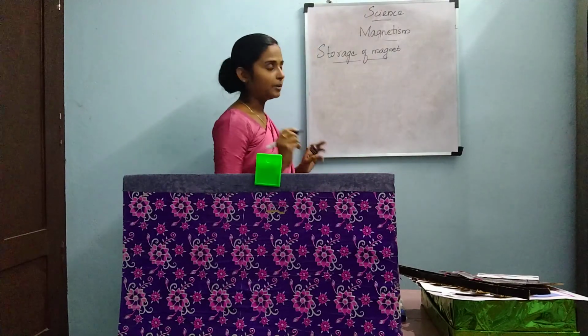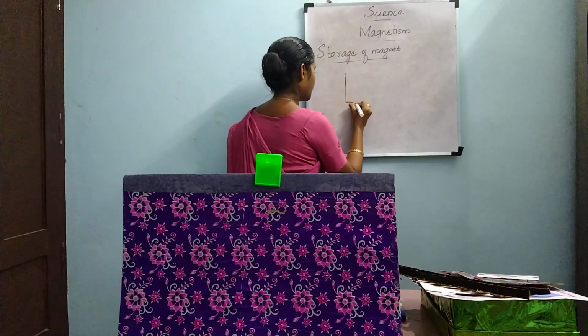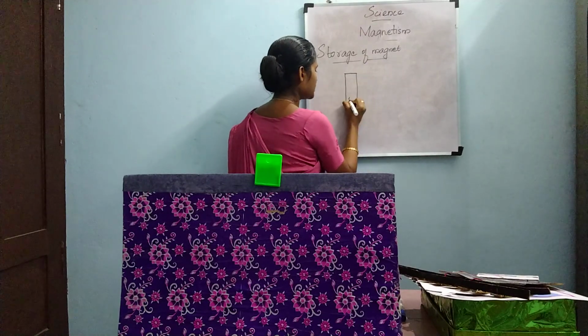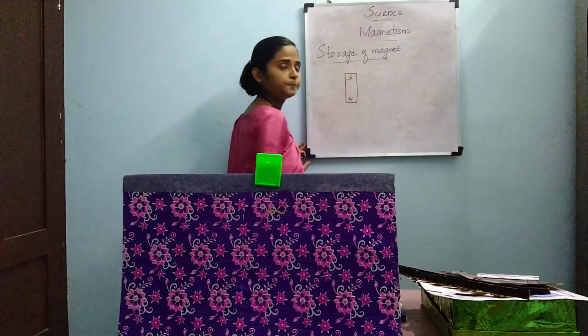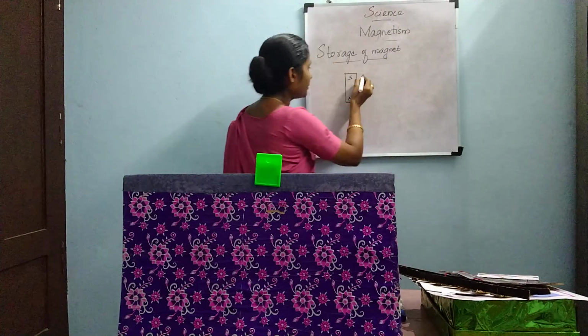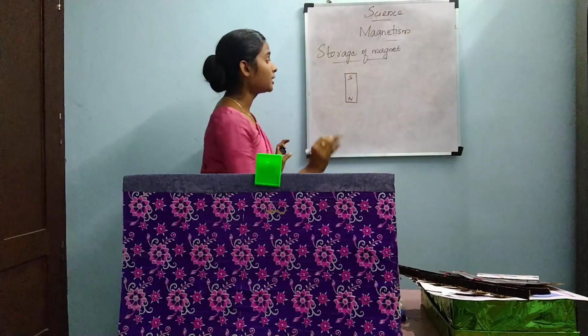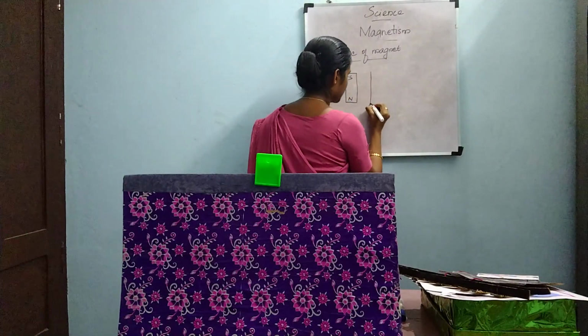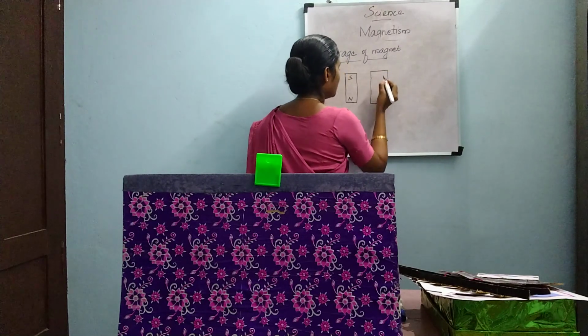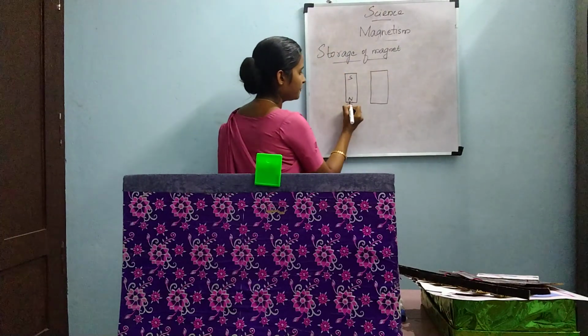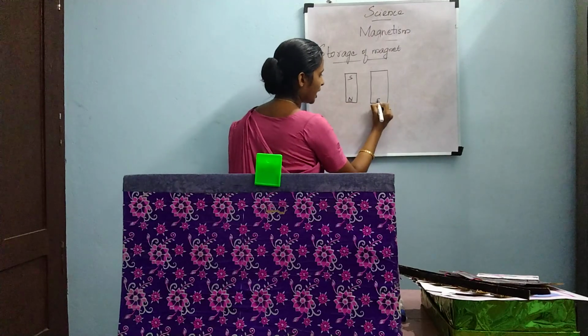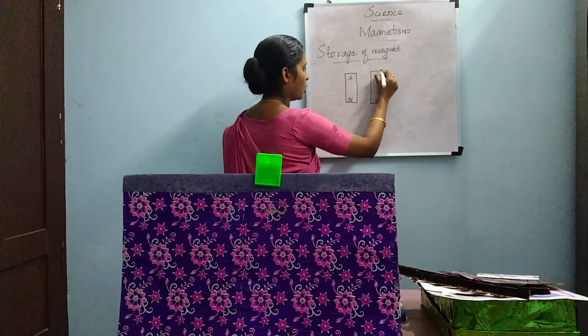If we take a bar magnet, it has two poles, north pole and south pole. To keep bar magnets in a safe manner, take two bar magnets, with north here and south here, and north here.